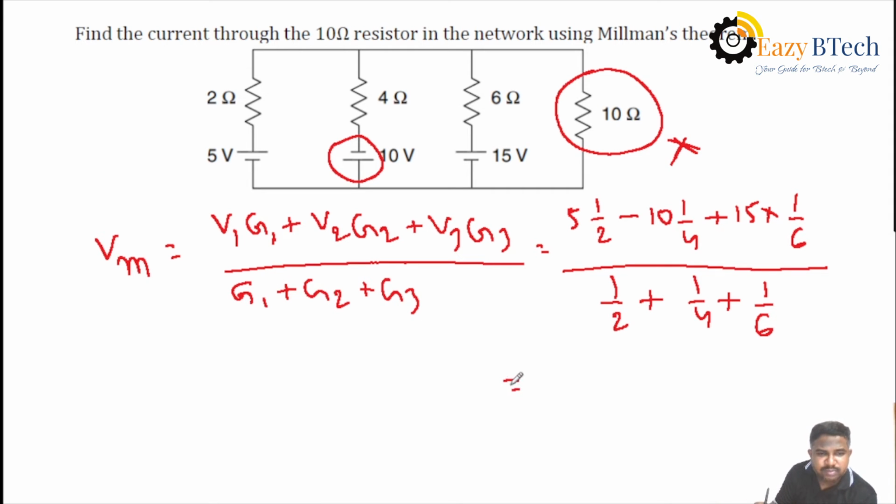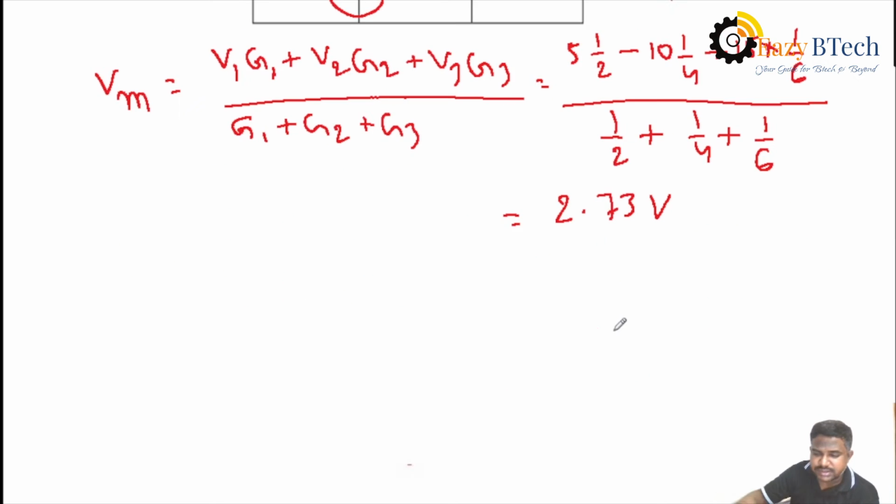Then you can simplify that, and you will get the Vm value as 2.73 volts.